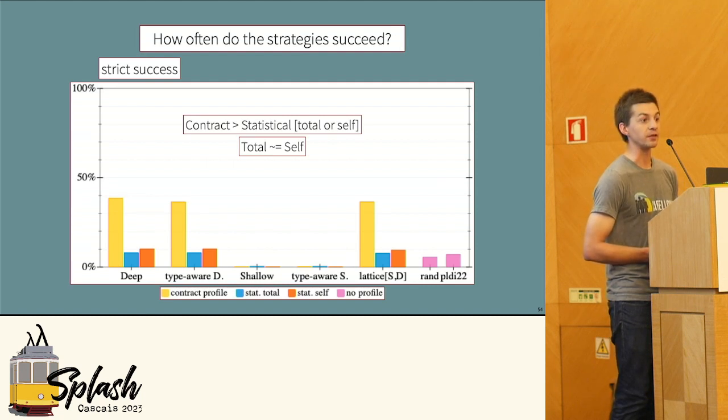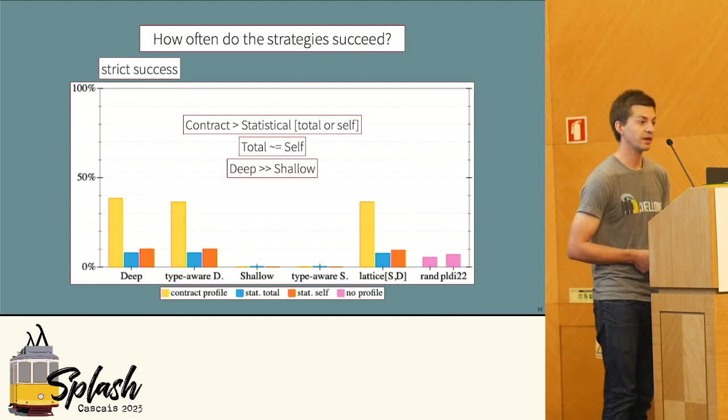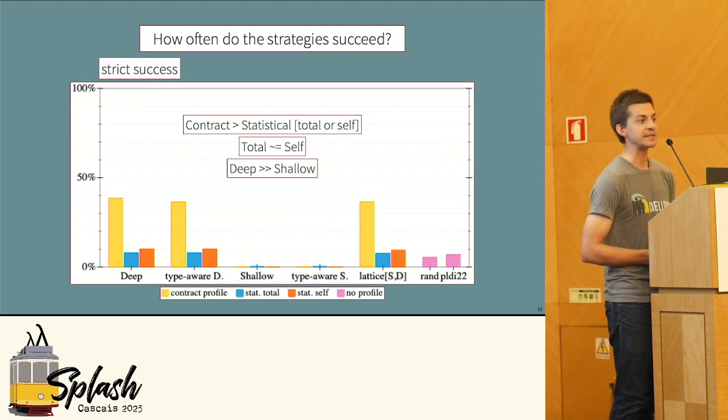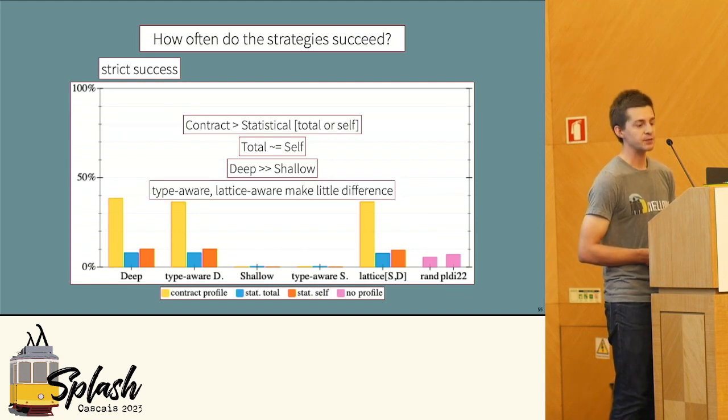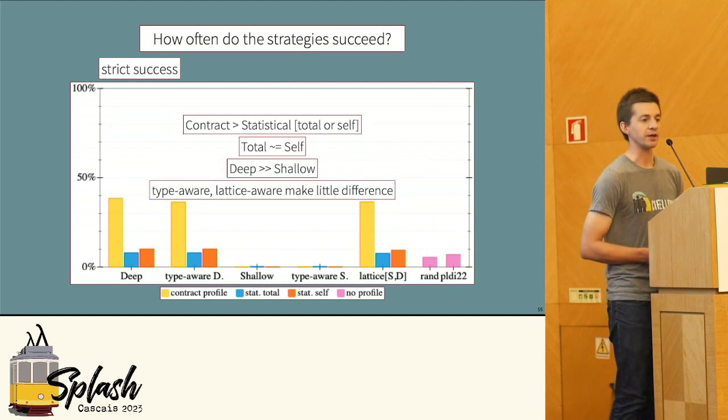Neither one is much better than the other. The other thing that really stands out is the deep strategies are far better than the shallow strategies. So shallow and type-aware shallow are near 0. And all three deep strategies are close to one another. So choosing to be type-aware and delaying the work does not much affect the overall success. And also choosing to be lattice-aware, that's along similar lines.